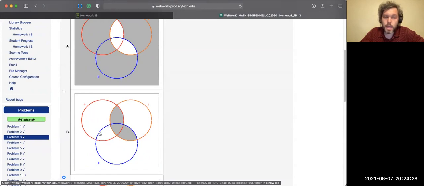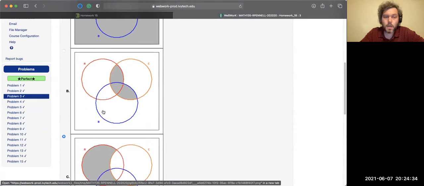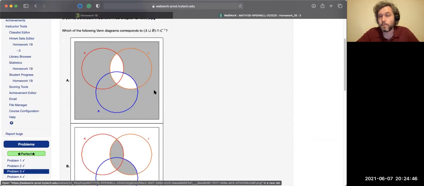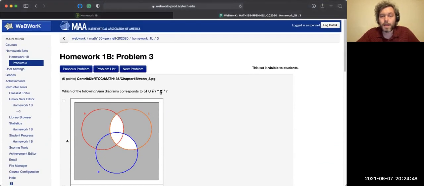No, we want A and B. We just want to take away C. And this is not it. This is kind of looking like it here. We have A and B, and anything to do with C is taken away. So this is what we want. We don't want the outside here because we're asked about the intersection, or at least in my version of the problem, we were asked about the intersection.